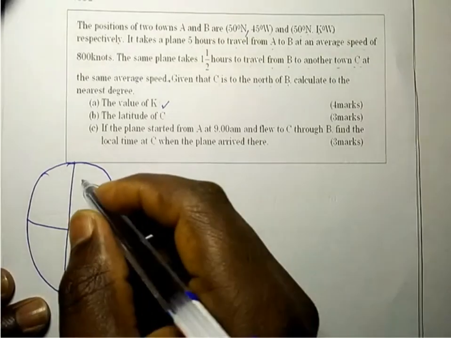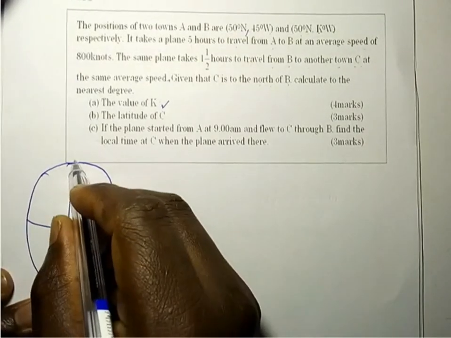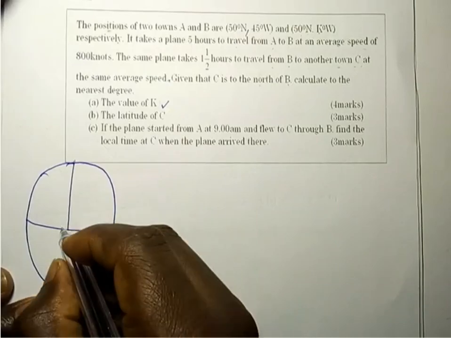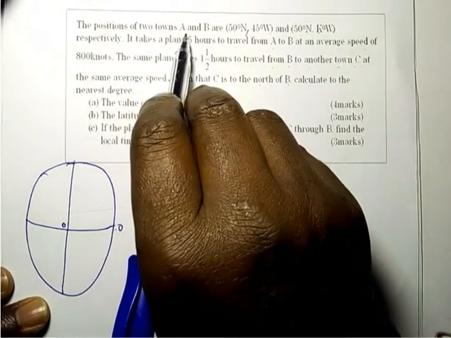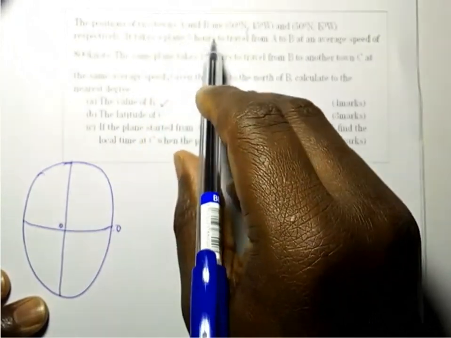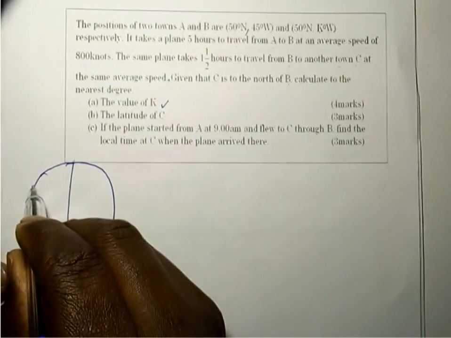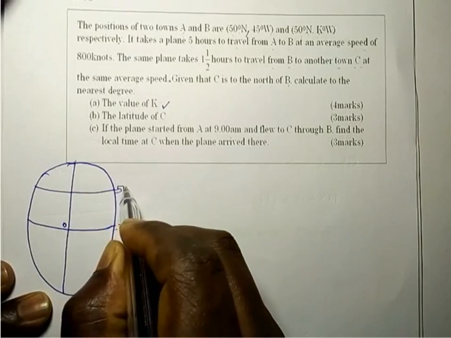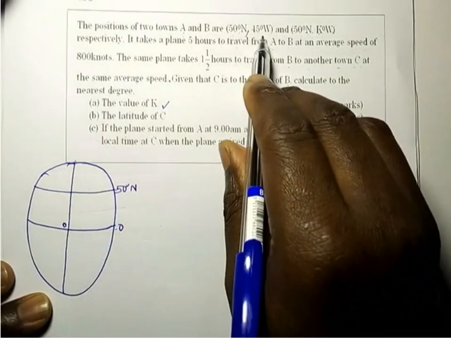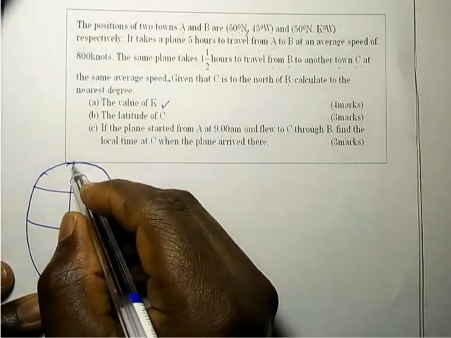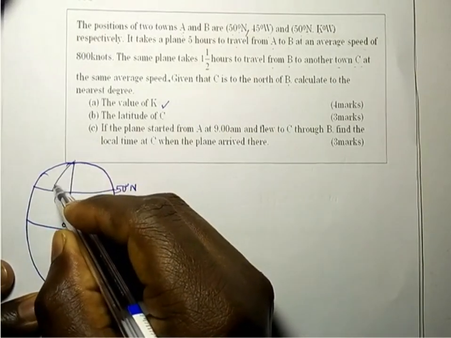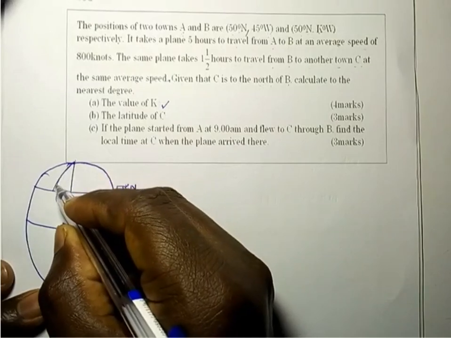So let us sketch. This is the equator. This is the Greenwich meridian, which is 0. So we want to locate A. A is 50 north, 50 degrees north, and then 45 west could be somewhere there.